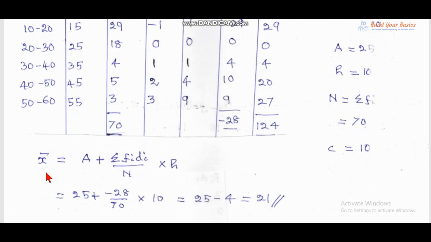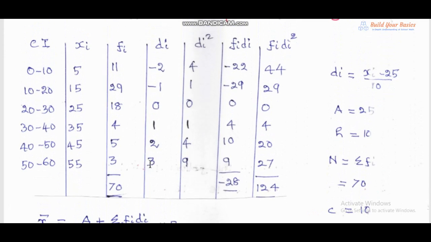Now x bar equal to assumed mean A plus (sigma fi di by n) into h. H is the same as c. Now di is (xi minus 25) by 10.